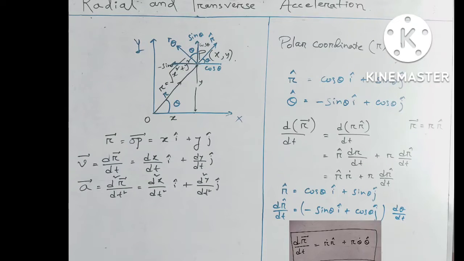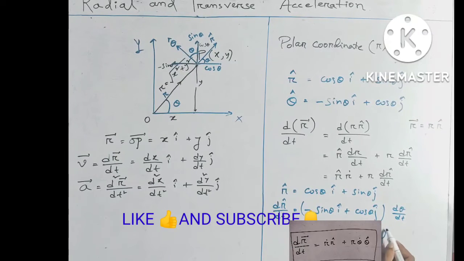That is theta dot. So it is minus sin theta i cap plus cos theta j cap into theta dot.